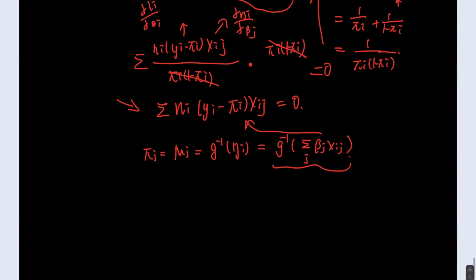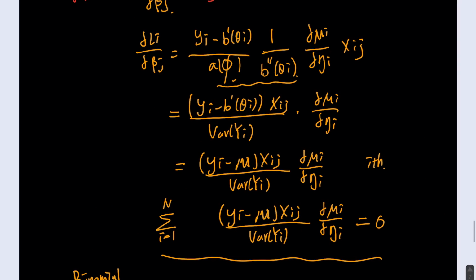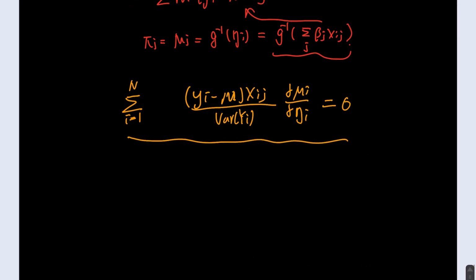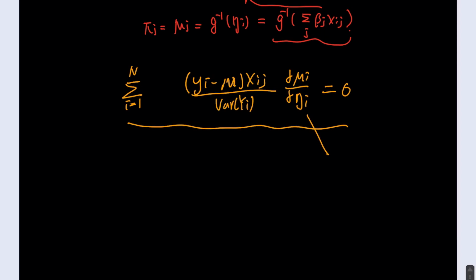Before we end this video, I want to show you real quick how we put these estimating equations into a matrix form. The first thing is to substitute this d mu i, d eta i part.